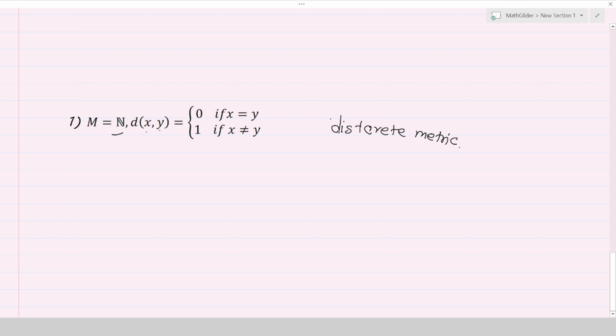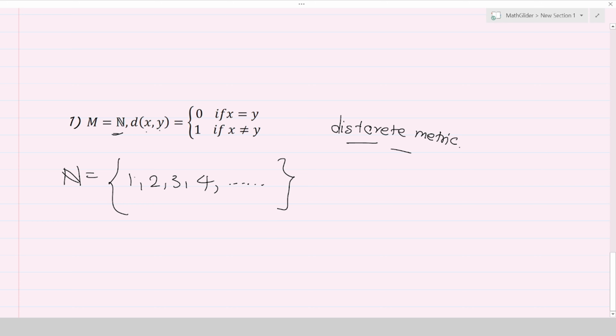This metric is often called the discrete metric and it can be defined on any set, not only on natural numbers. So we will take the set of natural numbers 1, 2, 3, 4, and so on.